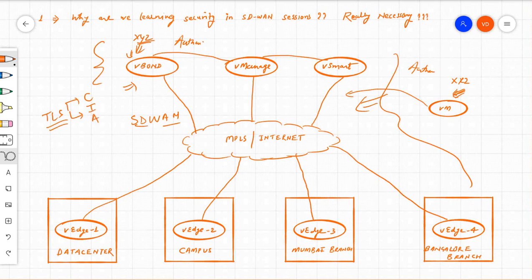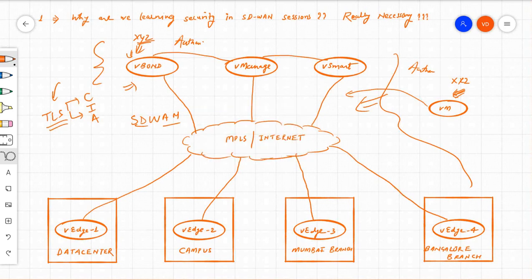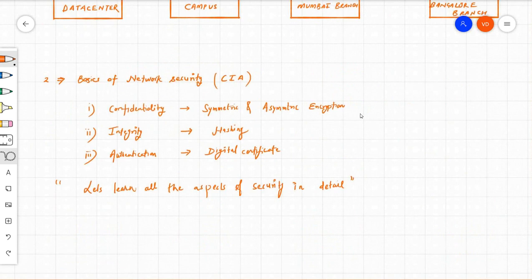So for any security, whenever we want to have security between two devices, a client and a server, and we want to run some security protocol, we need to consider these three parameters: confidentiality, integrity, and authenticity. Let's discuss confidentiality first. Here I wrote the mechanisms, the ways we can achieve confidentiality.